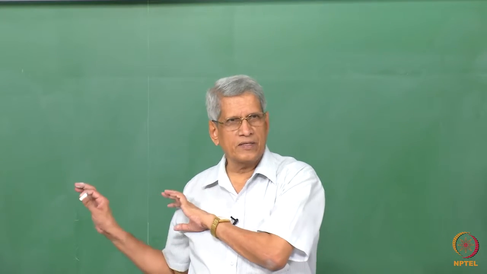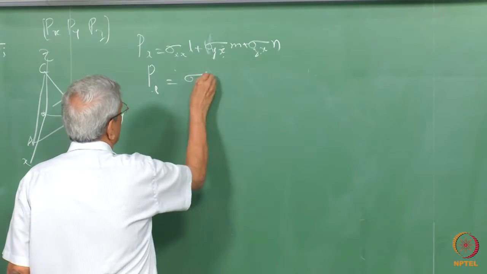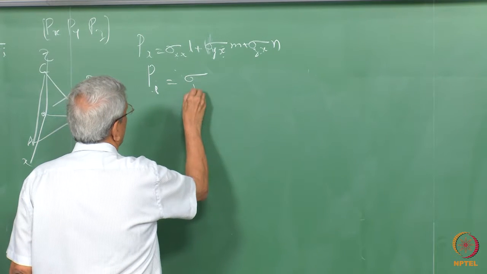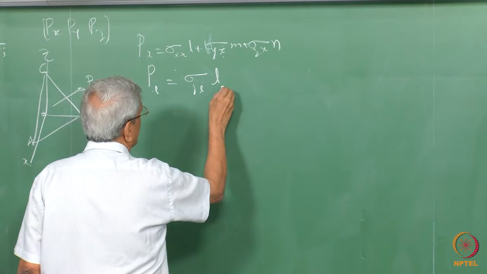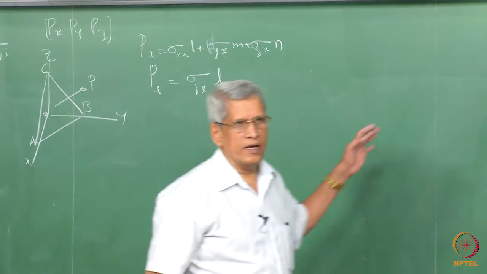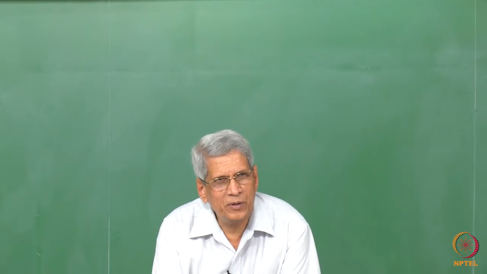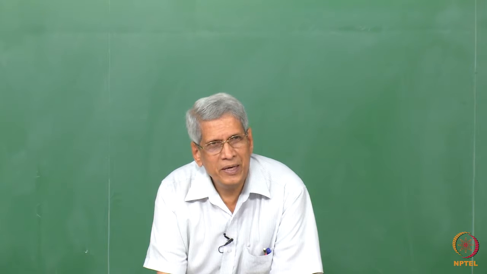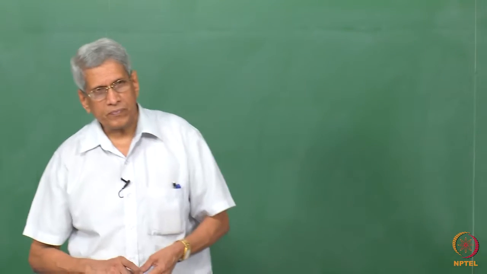So we are taking the sum total of it. This itself can be written in the form of Pi equals sigma ji into Lj, right. This is the Einstein summation notation which we have learned earlier.